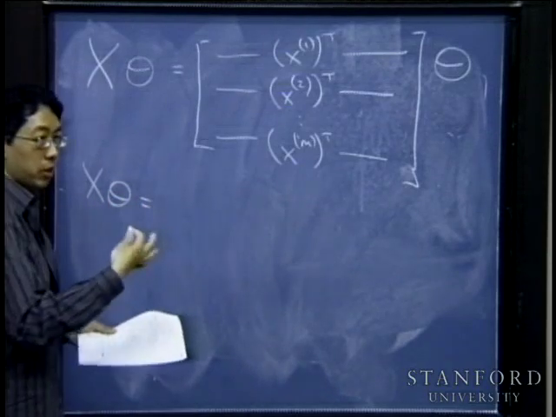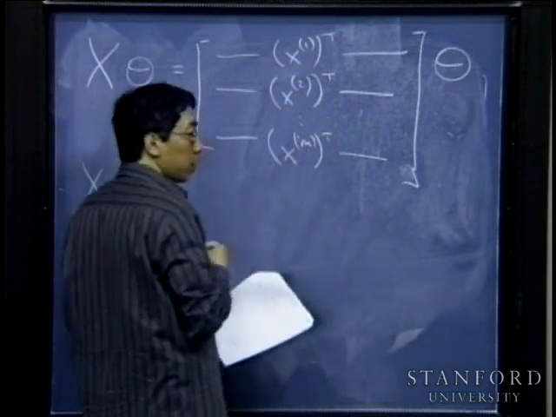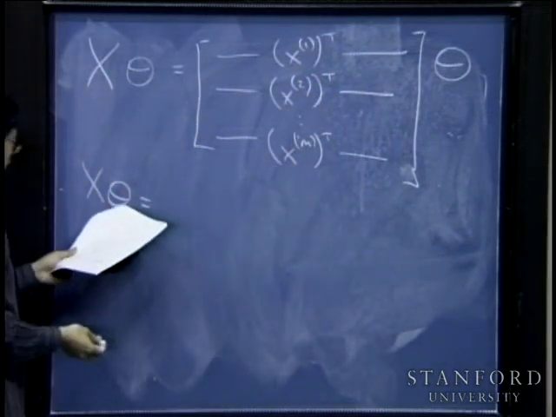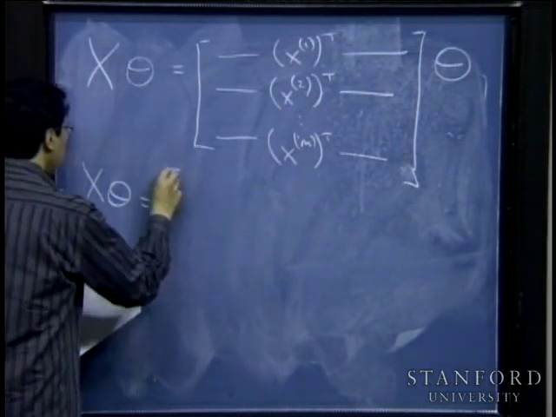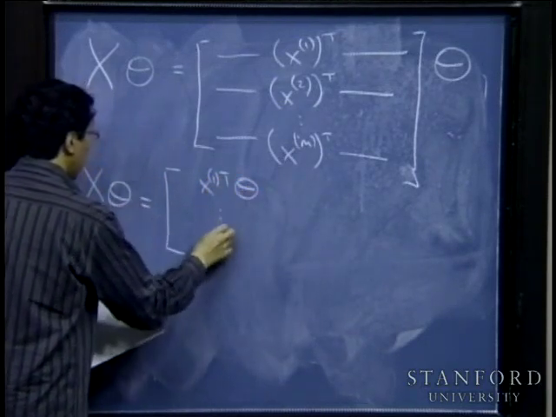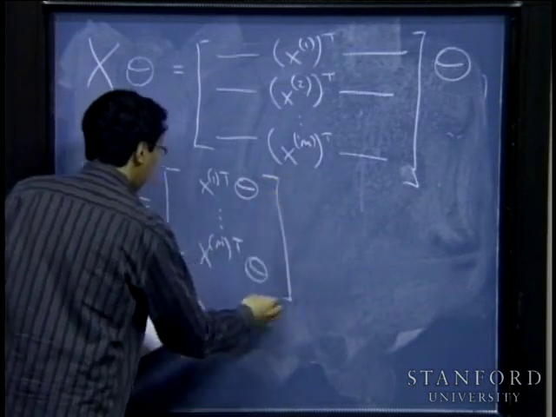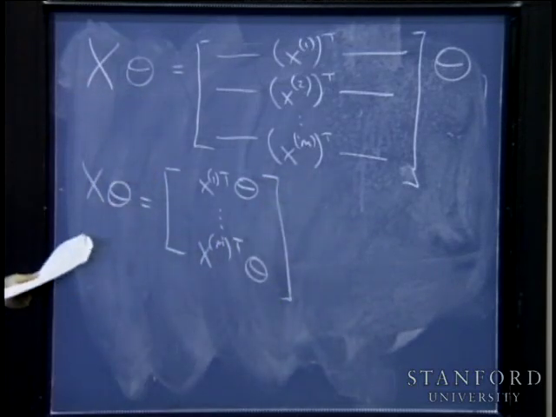Remember how matrix vector multiplication goes, right? You take this vector and you multiply by each of the rows of the matrix. So X times theta is going to be just X1 transpose theta, dot dot dot, down to Xm transpose theta.